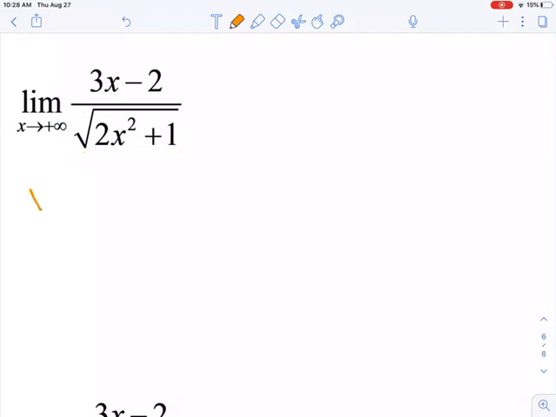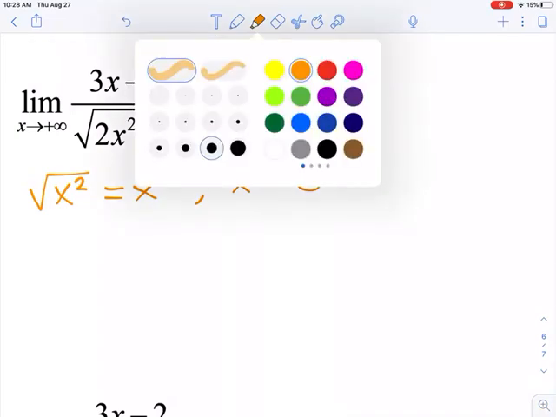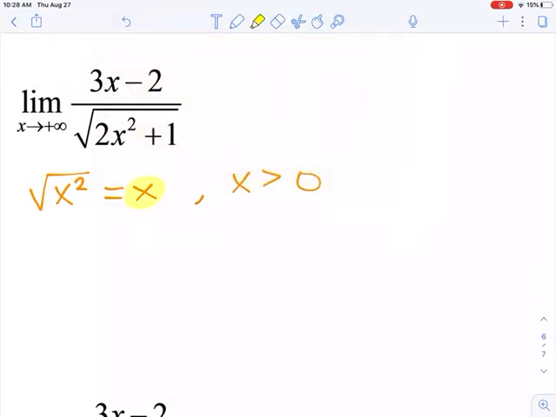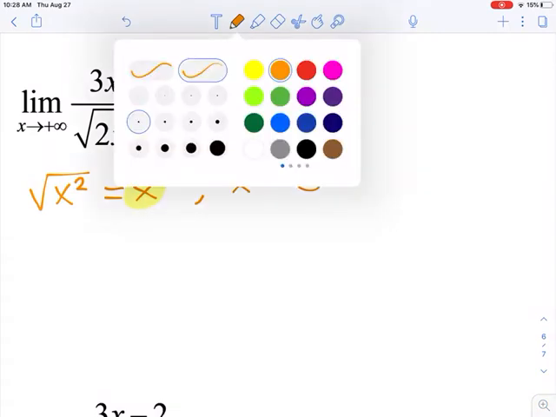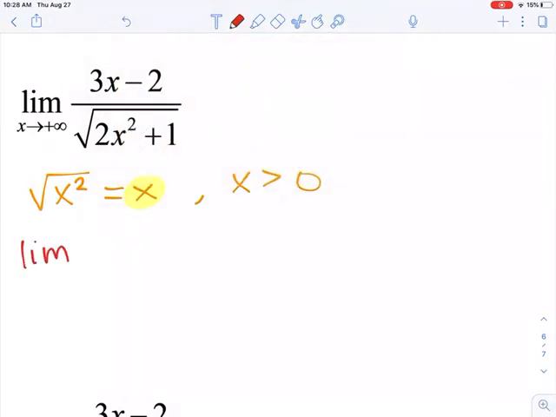Now, when we think of the degree of the denominator, we have the square root of 2x squared. So technically, the degree would be this, which is x as long as x is greater than 0. And since we're going towards infinity, that's okay. So we are going to be dividing each term by x.